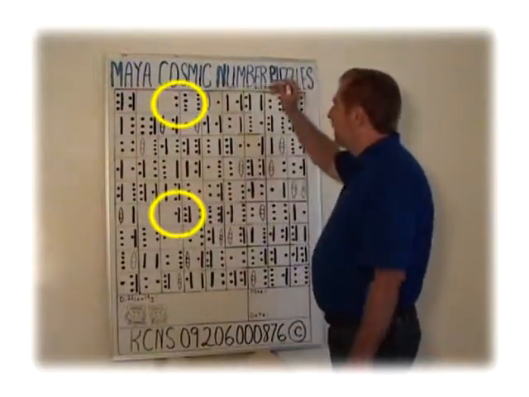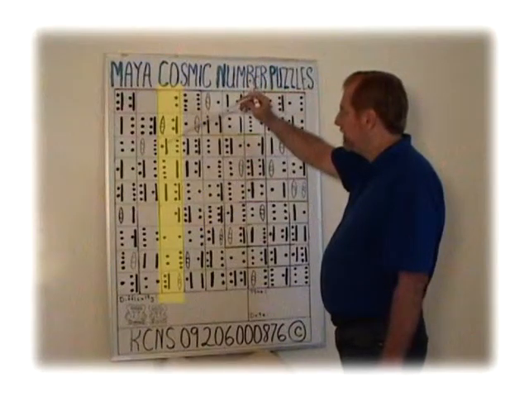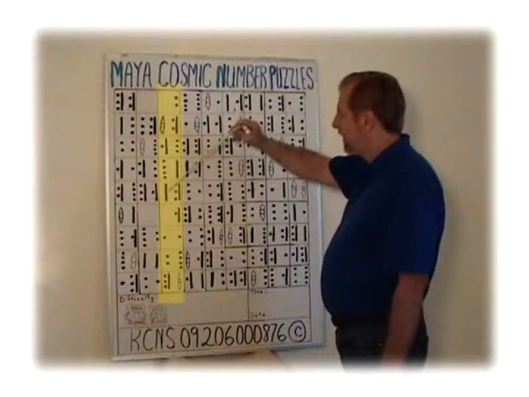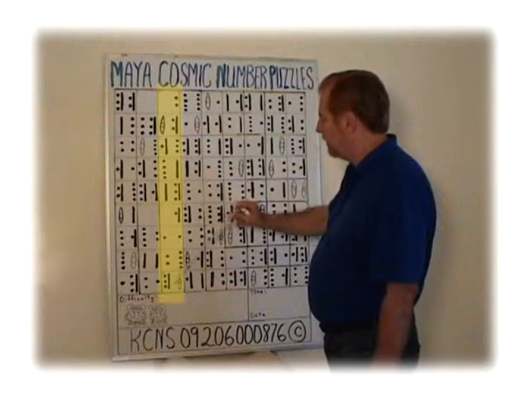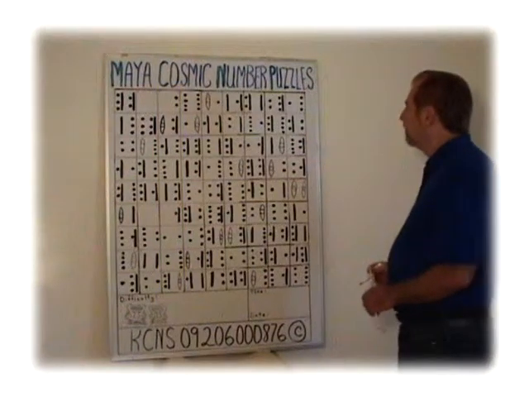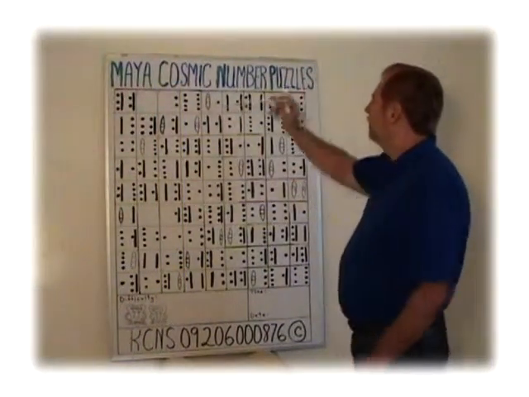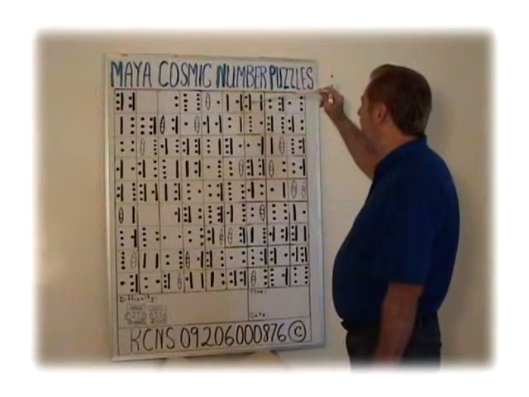Then solving for the left side, we see that we have a 0, we have a 6, we have a 4, we have a 5, we have a 1, a 2, and we have an 8. We are missing a 7 and a 3. If we look across this row, we see that we have a 7 here.